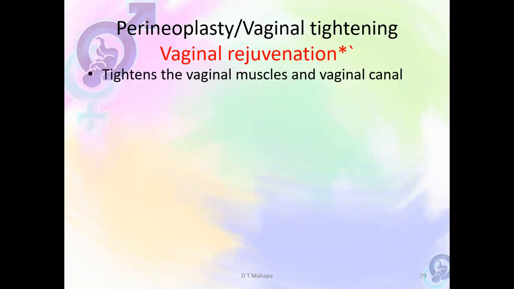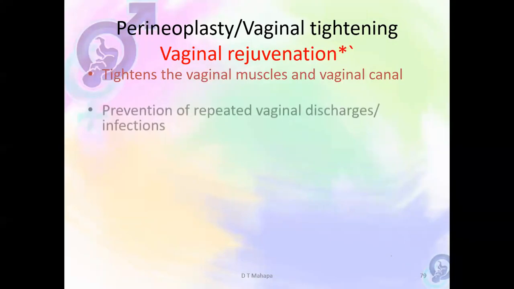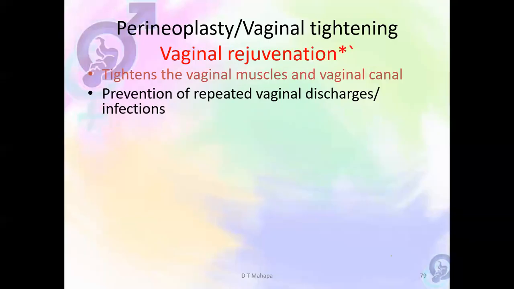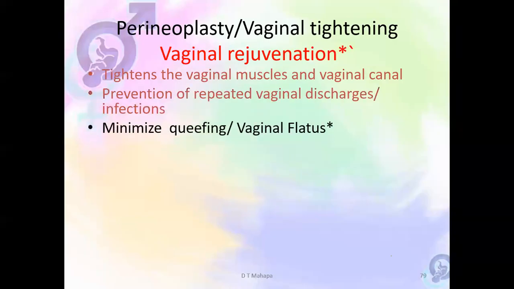So this rejuvenation tightens the muscles of the vagina and the canal, and prevents that repeated vaginal discharge, which I said the cause is because of the proximity of the anal orifice, and minimizes queefing. I must say minimizes. You can't stop queefing.